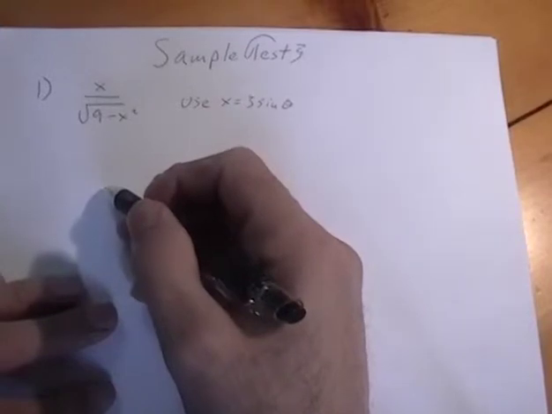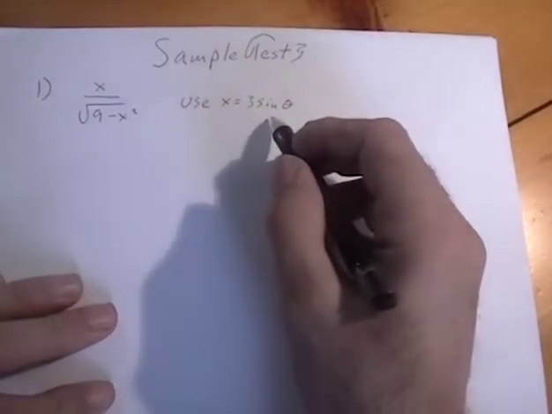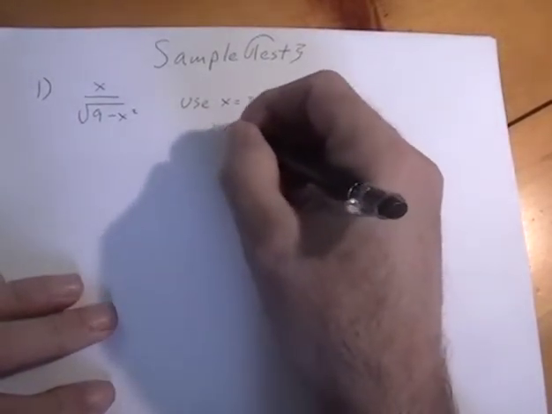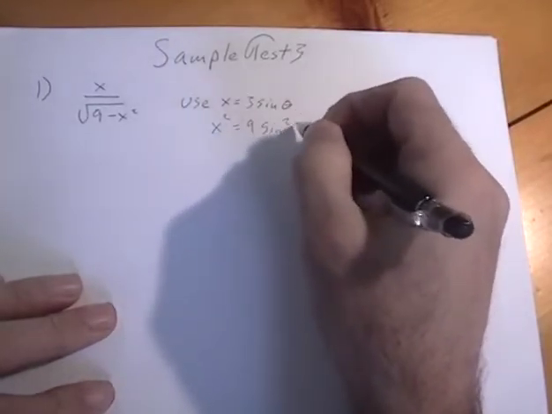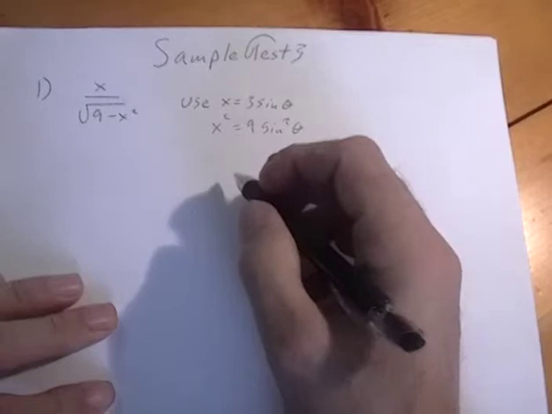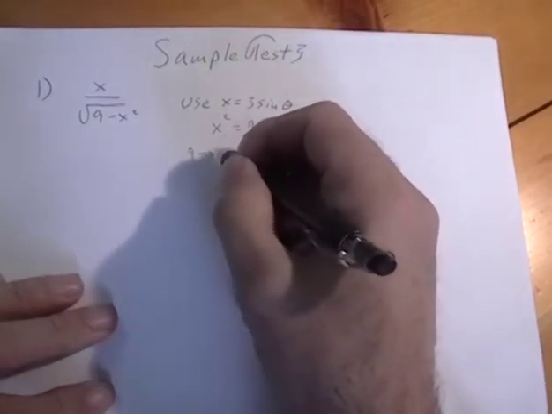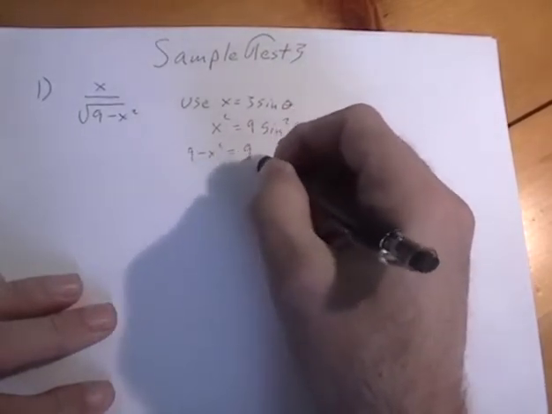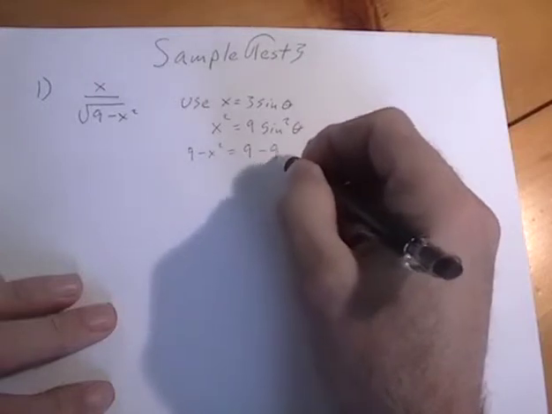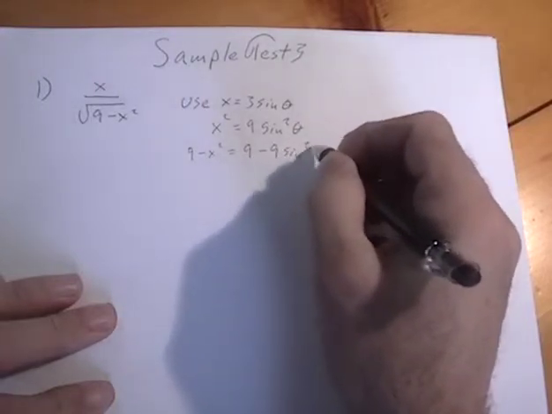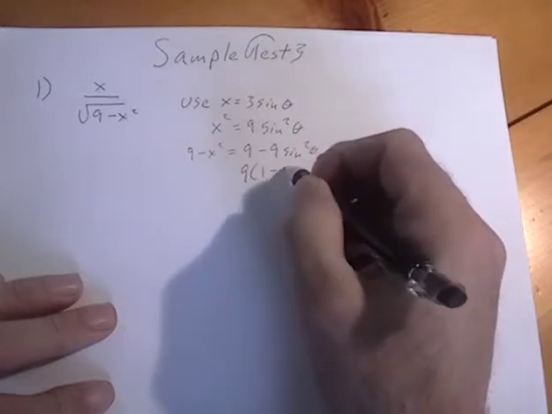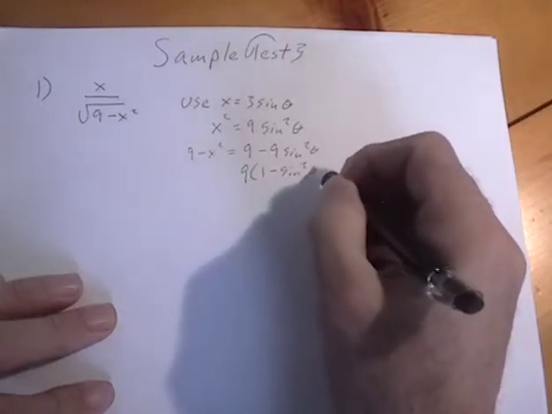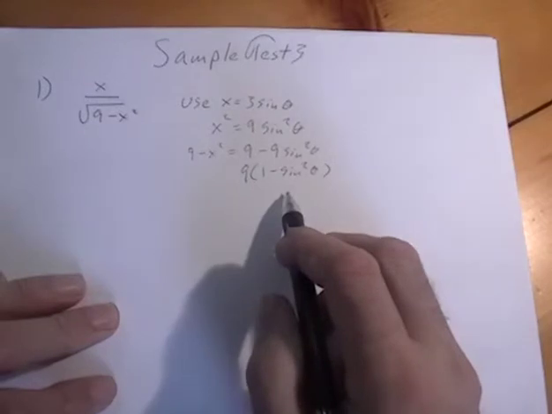If I let x equal 3 sine theta, then x squared is going to be 9 times sine squared theta. 9 minus x squared would be 9 minus 9 sine squared theta, which would be 9 times 1 minus sine squared theta. And this is the important point.